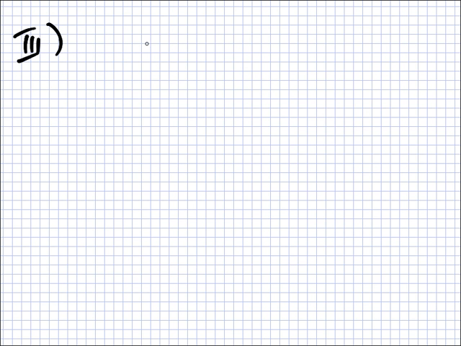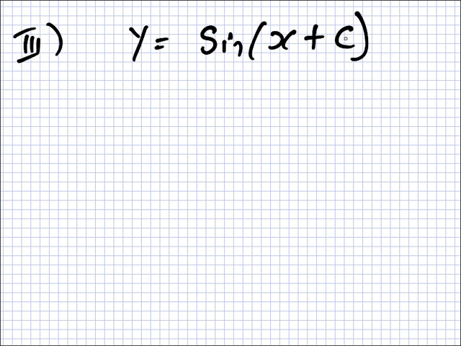y equals sine x plus c. So you were giving me the physics words for these. A was the amplitude effect, B had a wavelength effect, and C has a... Oh, no dictionary. What was it for?